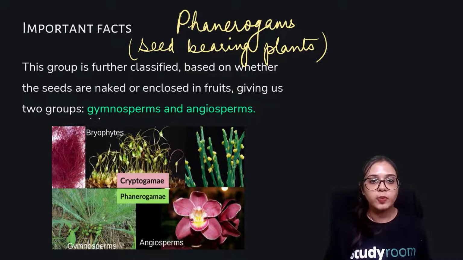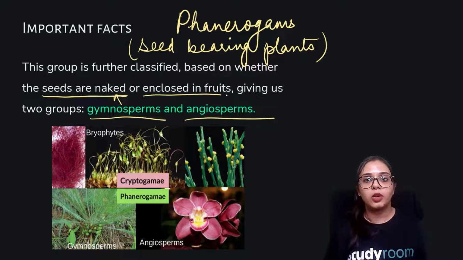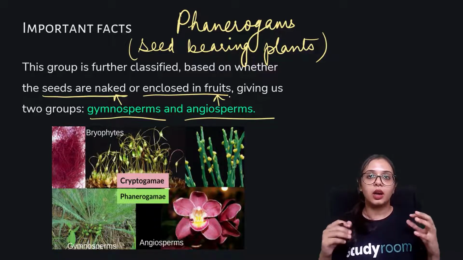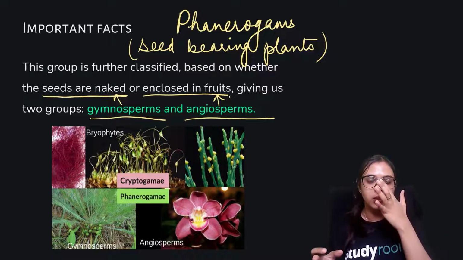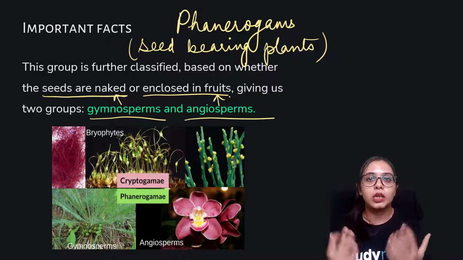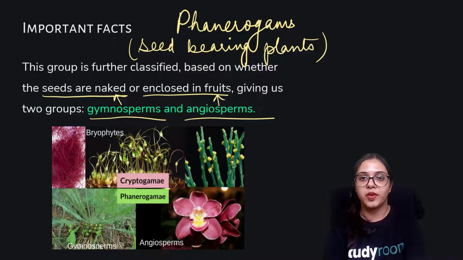If you remember, the seeds in Gymnosperms are naked, means there is no external structure, and in Angiosperms, the seeds do not occur naked in the plant body, but are rather covered inside an external structure. They are rather covered inside fruits. So as you can see in the diagram, under cryptogamy, Thallophyta, Bryophytes, and Pteridophytes, and under Phanerogamy, you have Gymnosperms and Angiosperms. So in this part, you saw the division of the plant kingdom into various parts.